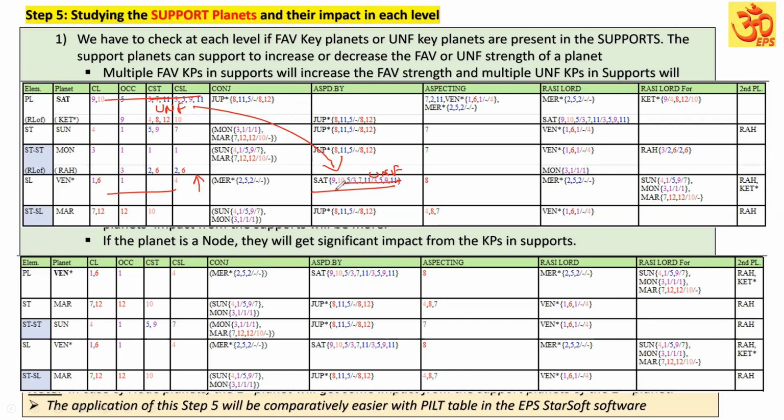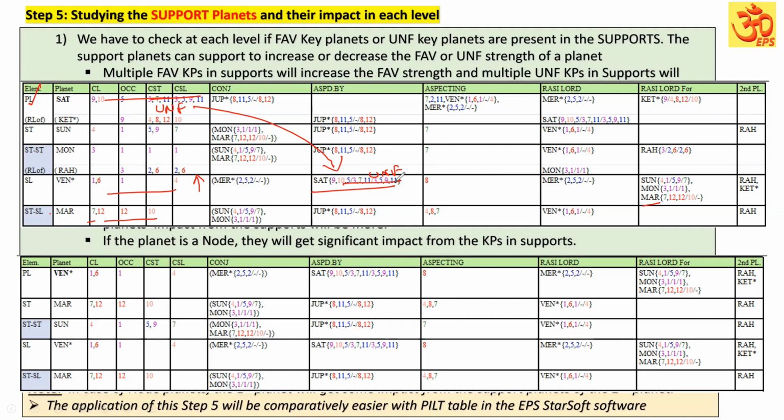That planet which is giving unfavorable strength is also ruling the other level, importantly the planet level. Suppose Venus is in the star of Mars, you can see. That Mars is the 7th lord, 12, 10, so it is having mixed signification. That Mars is there in the supports. So the unfavorable strength also gets increased along with the favorable.